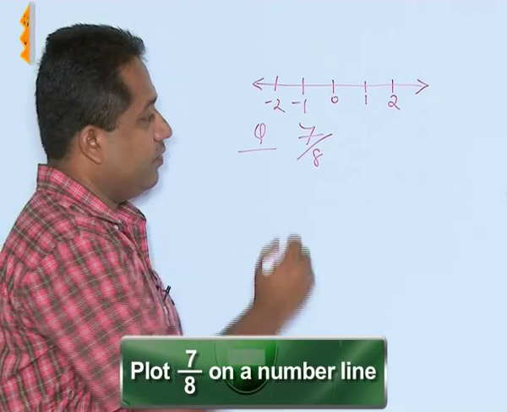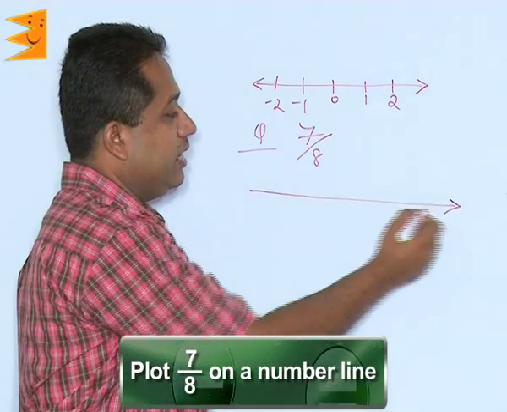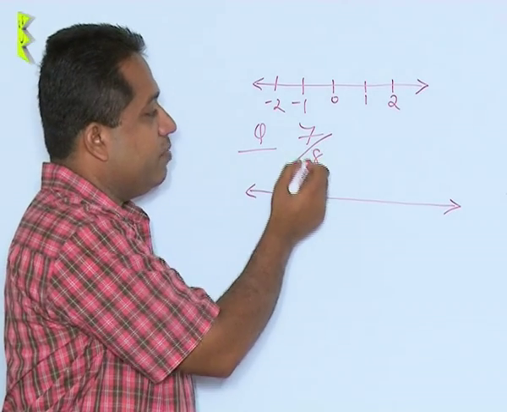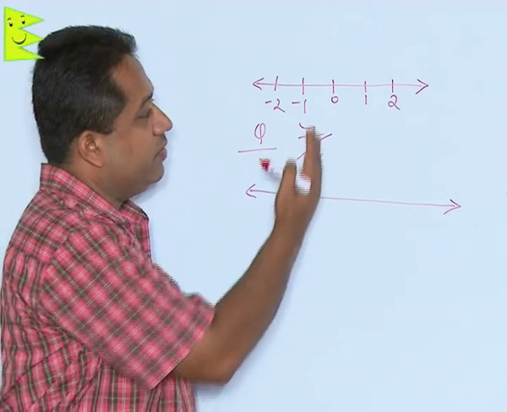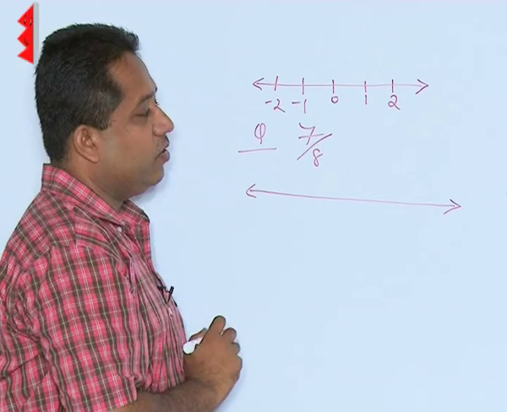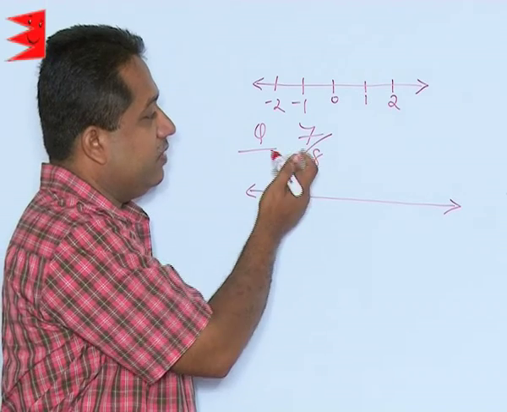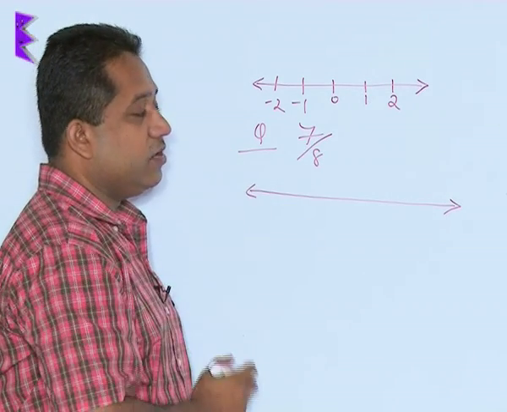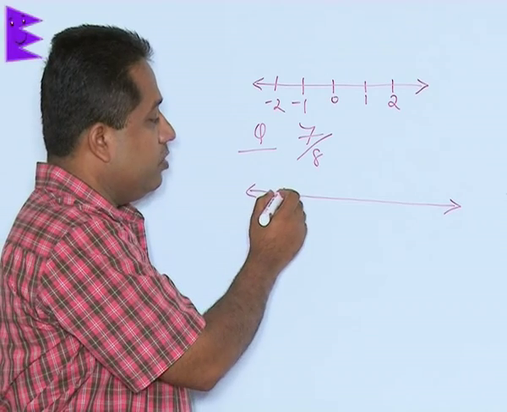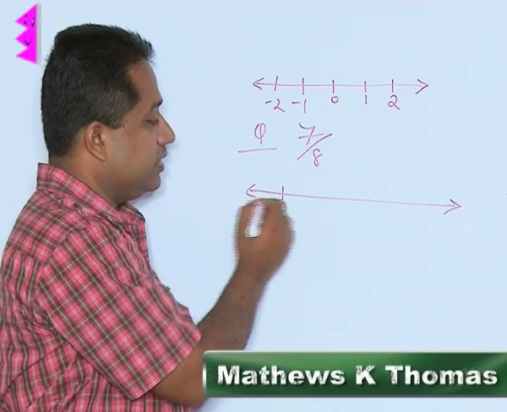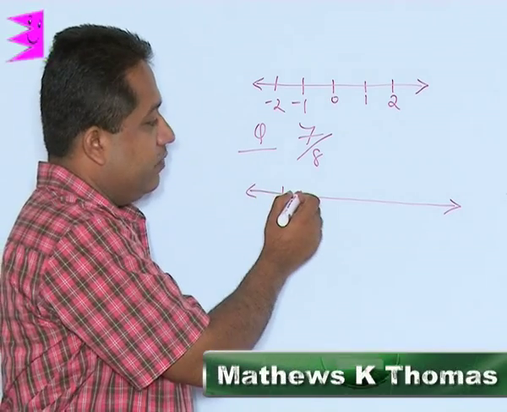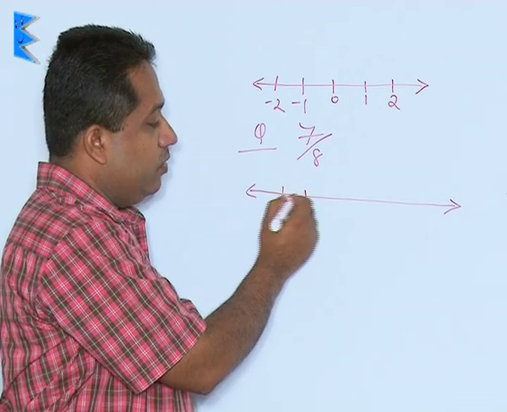So, therefore, we are going to take the number line here, and we know that 7 by 8 is a positive value. So, it will lie on the right side of 0. If it is negative, then we know that it will lie on the left side of 0. So, we are going to take here the first point, that is 0, and we have to divide it now into equal parts.